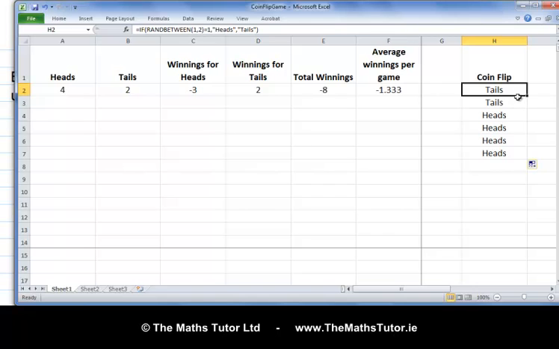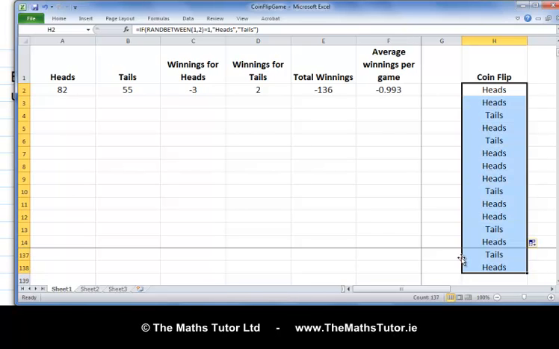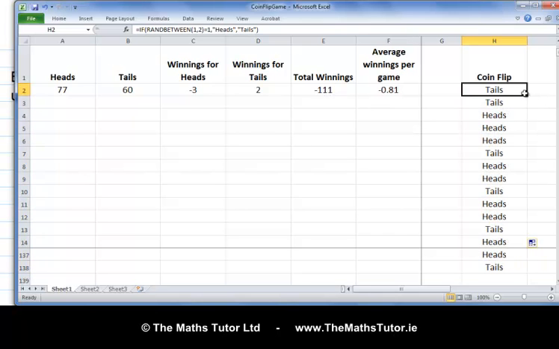So now let's do this a large number of times. So I'll scroll down here. Let's say down to, we've played the game 137 times. So we ended up getting 82 heads and 55 tails. So we lost €136. And let's play this again 137 times. This time we lost €111.